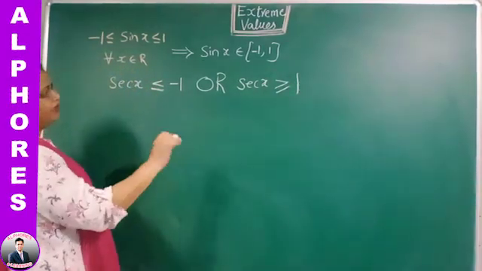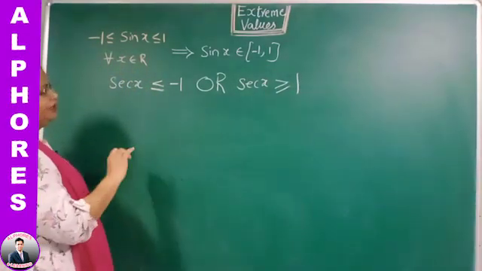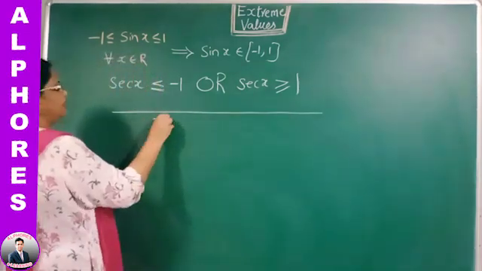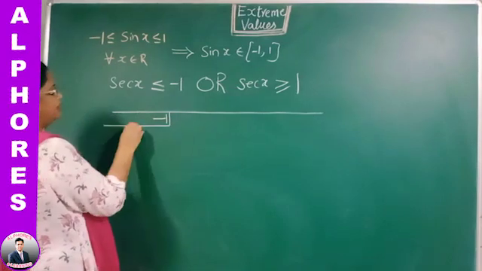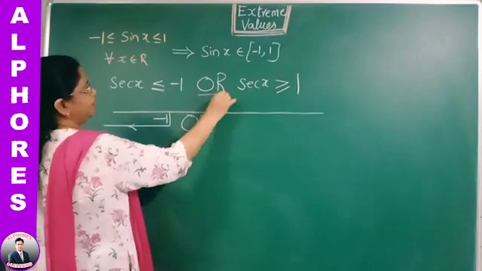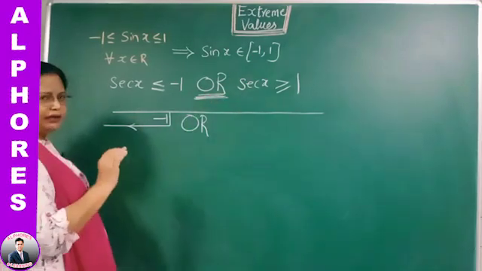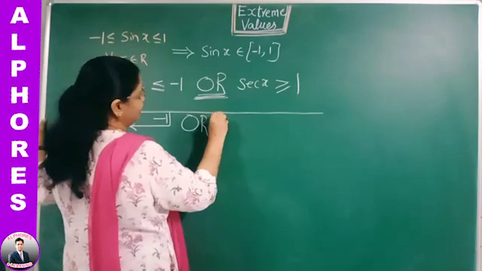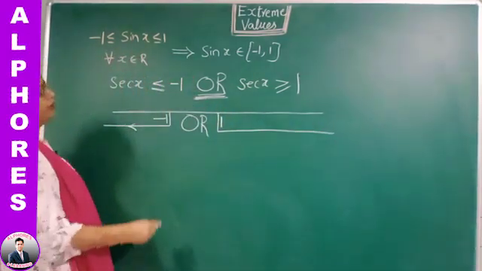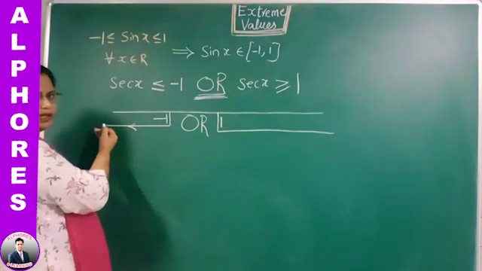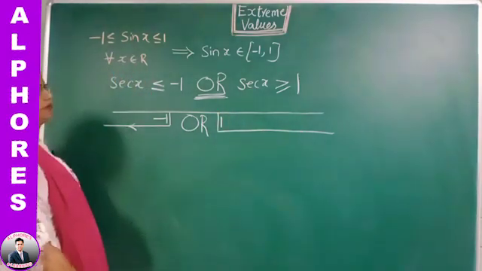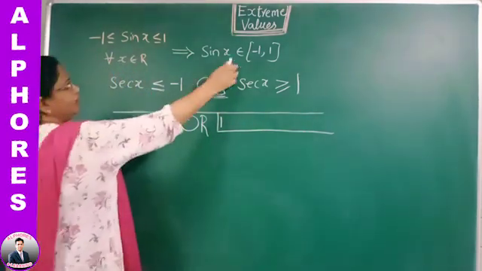It is not "and"; you have to differentiate between "or" and "and" very carefully. So secant x values are less than or equal to minus 1, or all secant x values are above 1. Understand students?